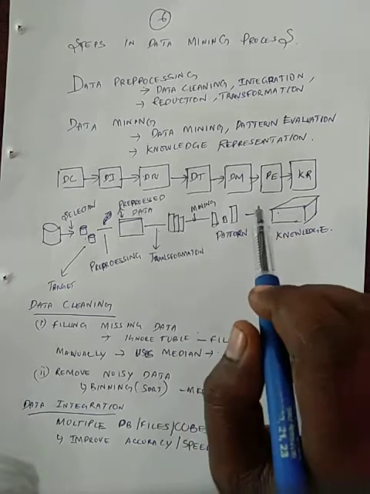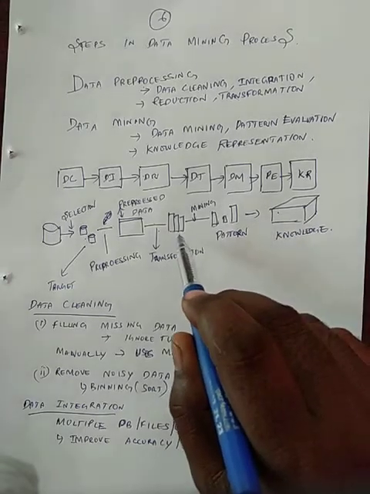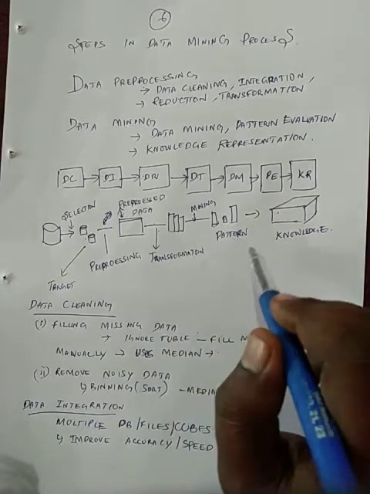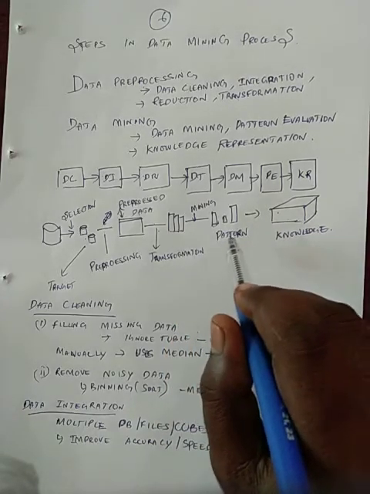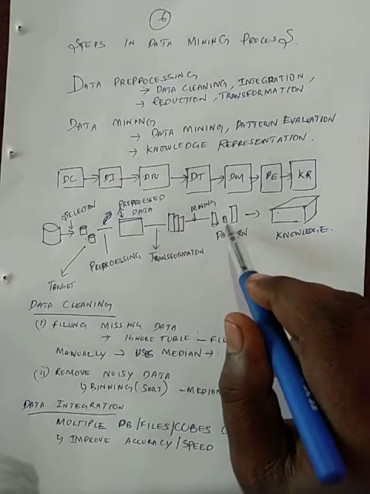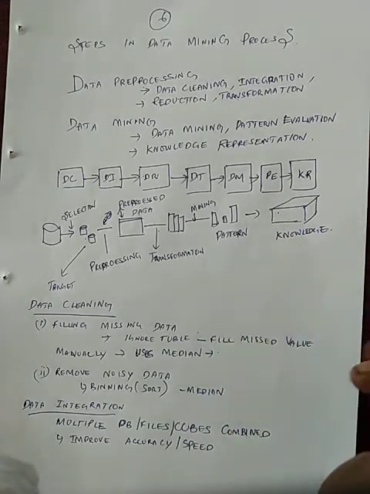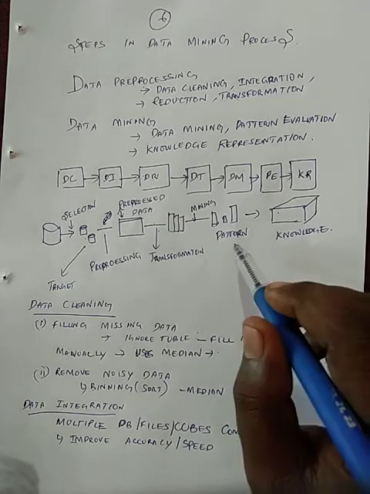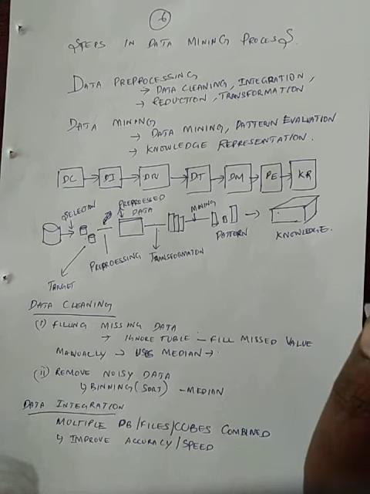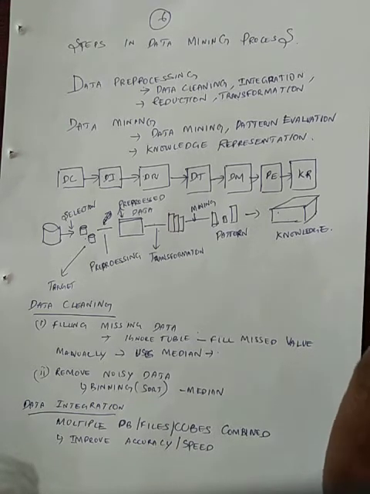Now the mining process takes place, and this specified data can be further patterned for the respective purpose, as represented in this diagram, and then finally it is made into knowledge for representing for some purpose.